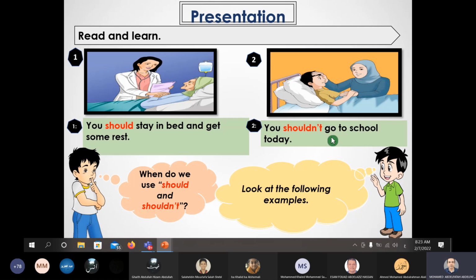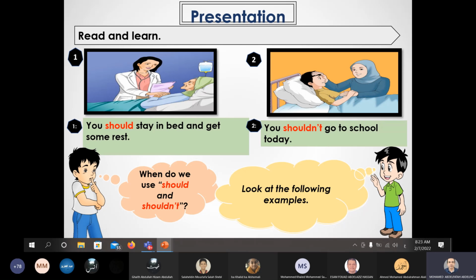Somebody says, teacher, what is the meaning of infinitive? This is the main or the original verb without S, without ES, without ING, without ED. This is the base form of the verb. You should stay and you shouldn't go. Stay and go are the main verb. This is called in English the infinitive.